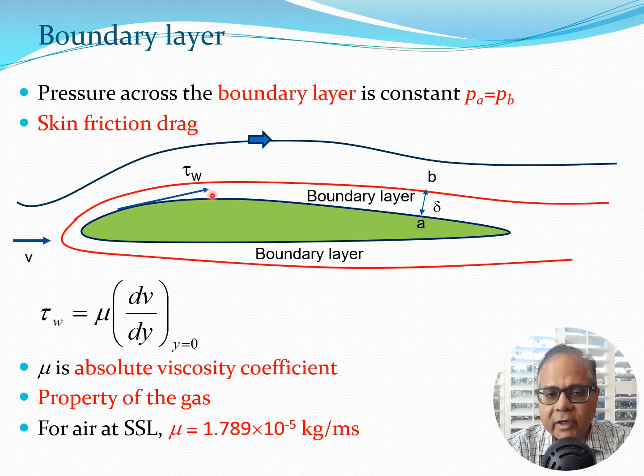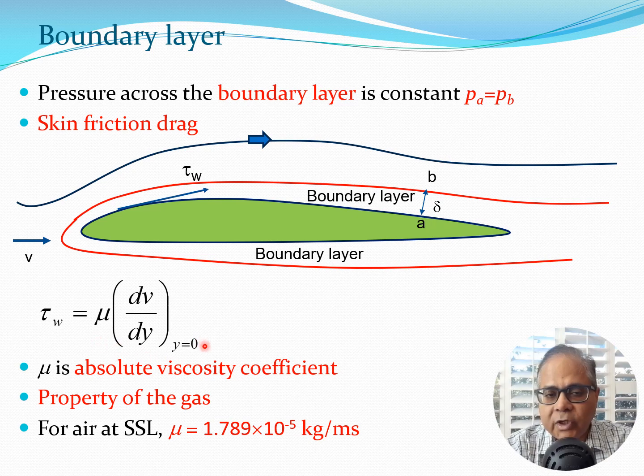So this is given by tau subscript W. W stands for wall here, and then we can write tau W as mu dv by dy. V is the velocity and y is of course the coordinate axis corresponding to the boundary layer thickness. So essentially this is at y equal to 0, so that means it would be at the surface.